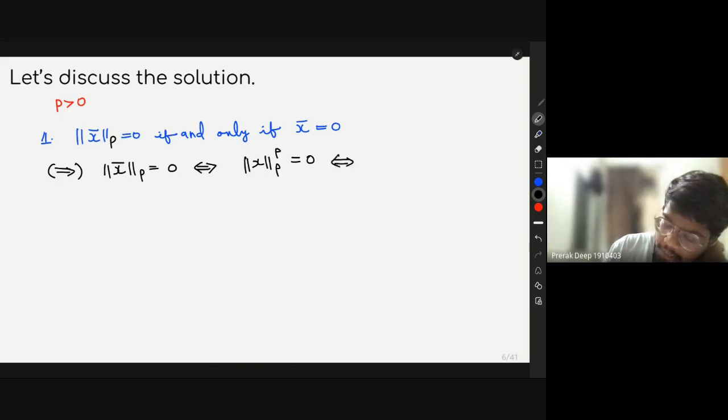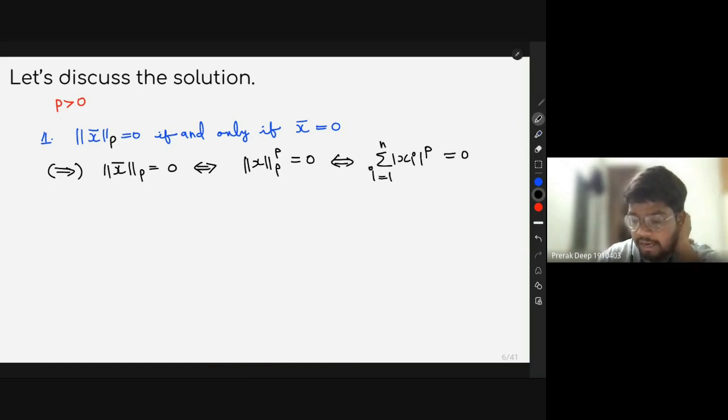Now, what does this imply? This is equivalent to saying that this is equal to 0. So this finite sum of positive numbers is equal to 0. But can a finite sum of positive numbers be equal to 0?